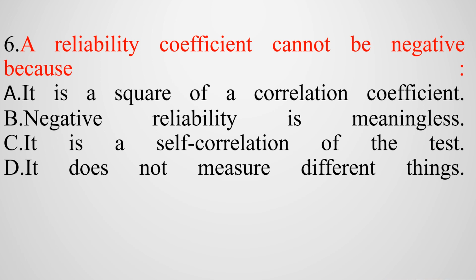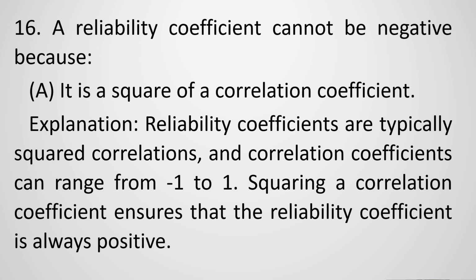It does not measure different things. It is a square of the correlation coefficient. Reliability coefficient is typically a squared correlation, and the correlation coefficient can range from -1 to 1 always. This one we have to remember, that is always -1 to 1.